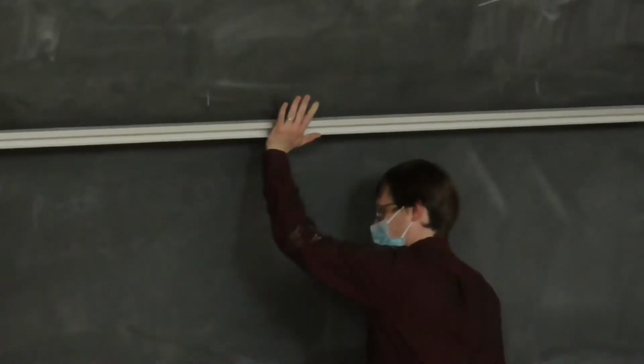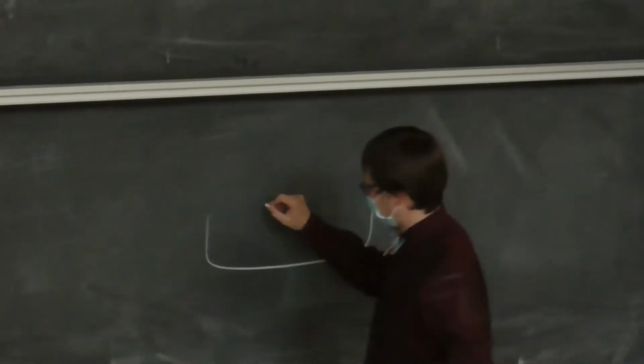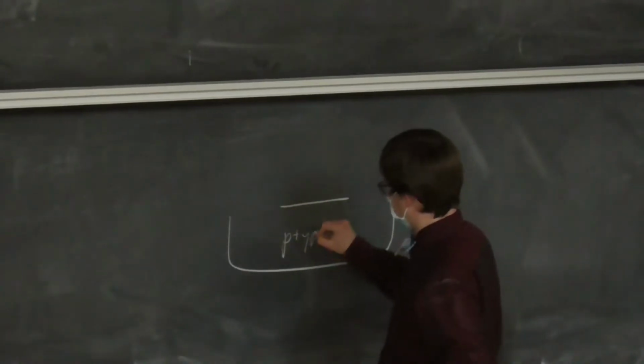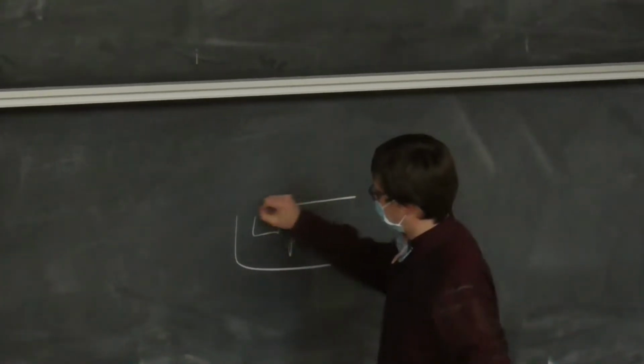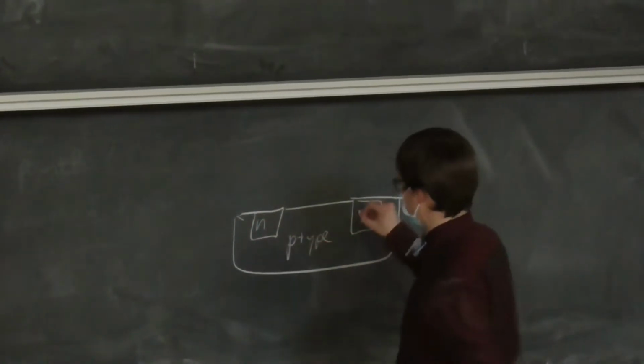So, the field effect transistor, right? What you have is a field of the p-type silicon with regions of n-type.